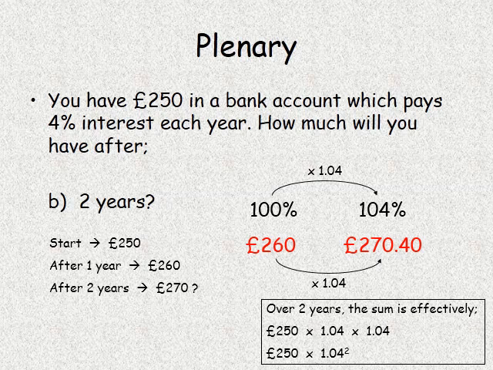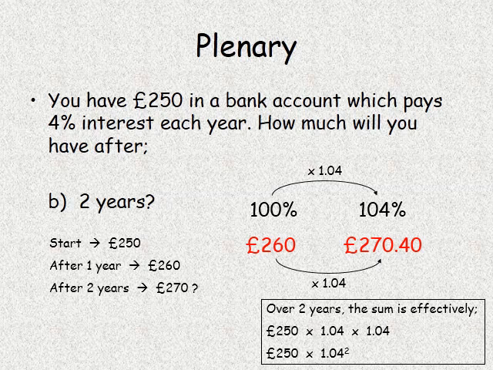Okay, the last line says 250 times 1.04 to the power of 2. That would be used if you were allowed to use a calculator. So doing that, you can work out any number of years, and that would be a GCSE standard question, probably what I would call a grade 4, possibly a grade 5.